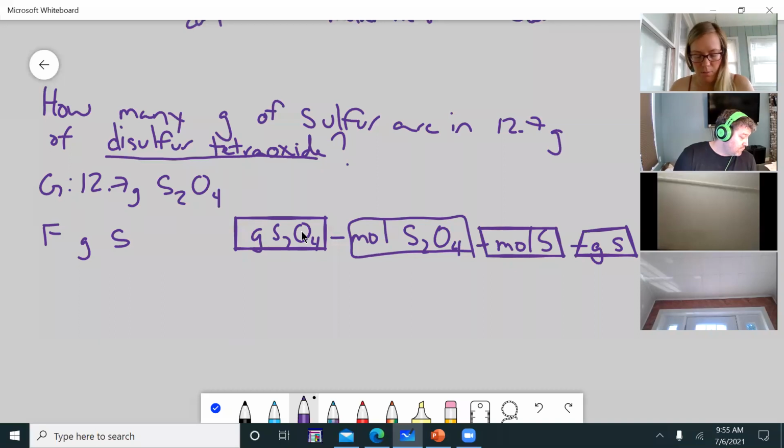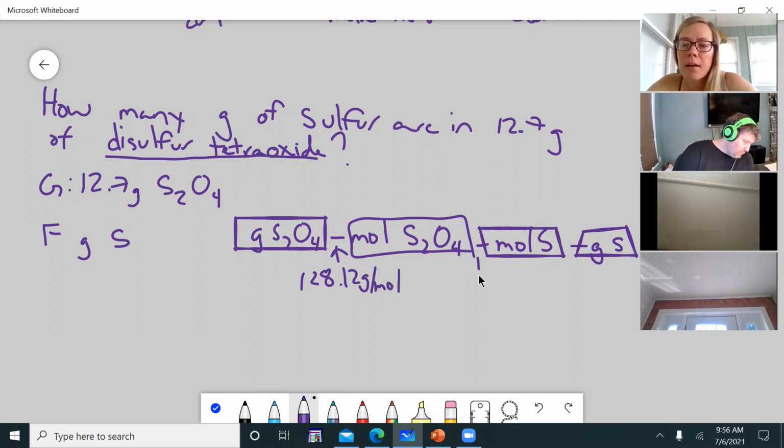So we've got sulfur, which is 32.06, something like that, times 2, plus oxygen, which is 16 times 4. So I got 128.12, somewhere around there. So 128.12 grams per mole.